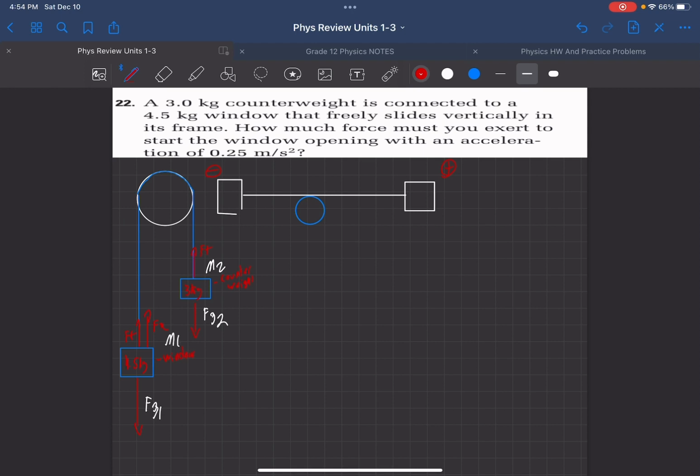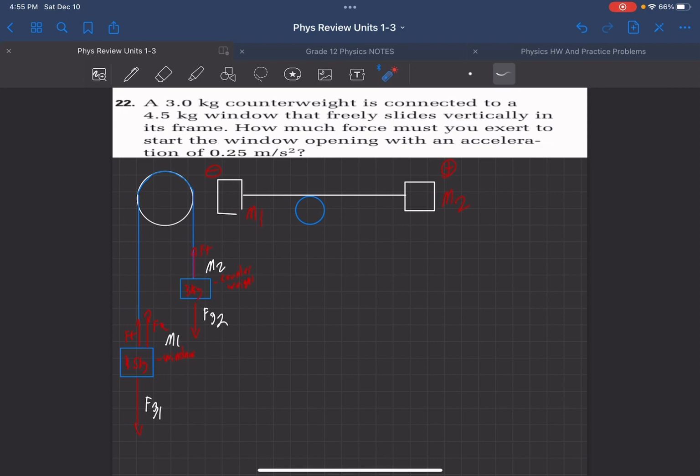This being mass 2 and this being mass 1. Also, notice that the force of gravity for mass 2 is going to be less than that of mass 1. Why? Well, because this force of gravity is related to the second mass, which is obviously lighter than the first mass.